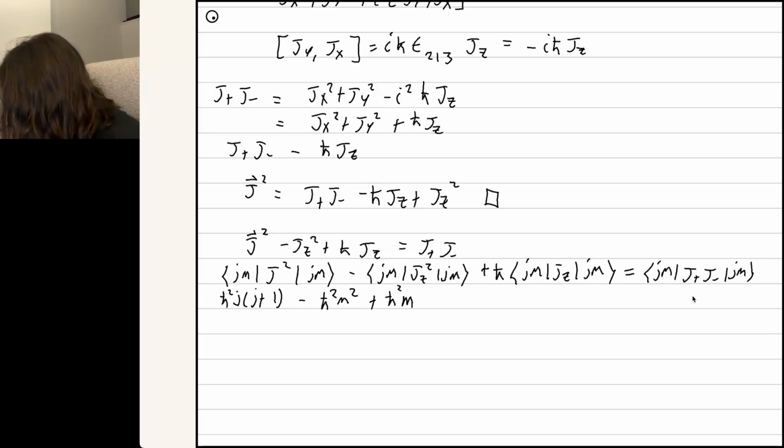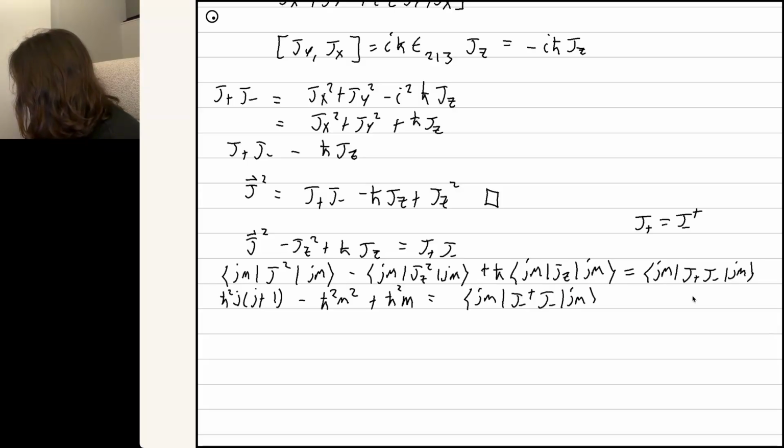Okay. On the right-hand side, we're going to make use of the fact that from the definition of the ladder operators, j plus is equal to the dagger of j minus, and rewrite this now as j minus dagger j minus times jm.